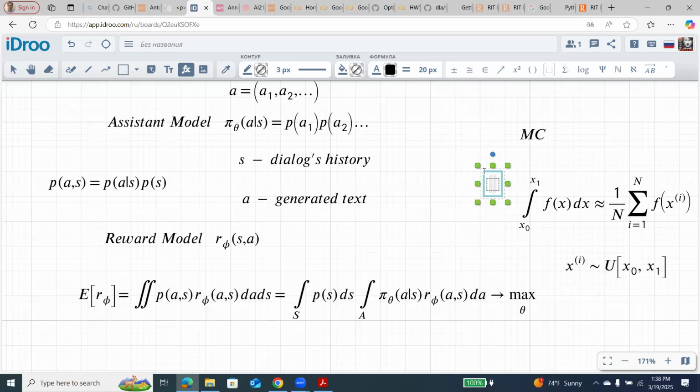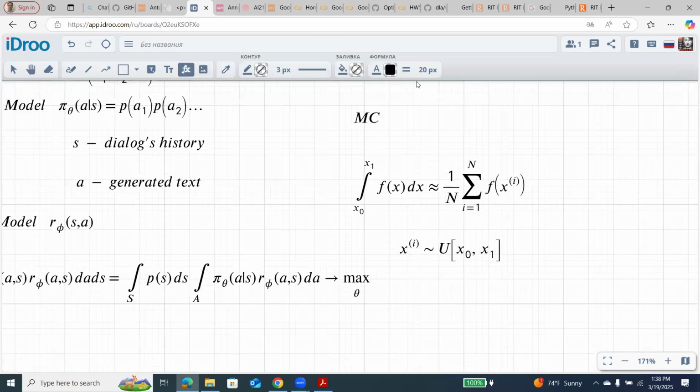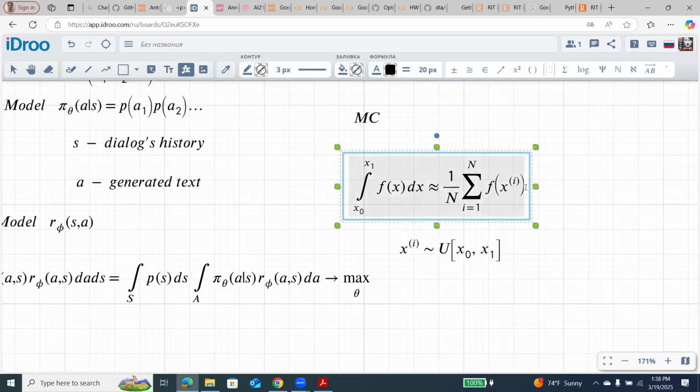This result is known as the law of large numbers. It's a little bit off topic, but this method is always used in loss function estimations.